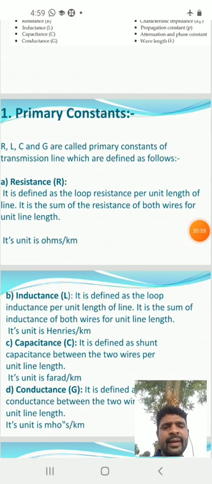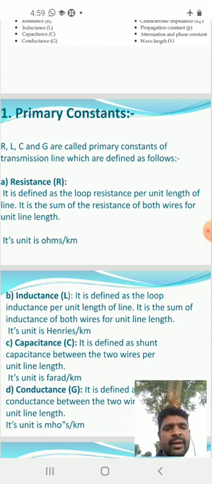Resistance: it is defined as the loop resistance per unit length of line. Its units are ohms per kilometer. Inductance: it is defined as the loop inductance per unit length of line. Its units are henries per kilometer.